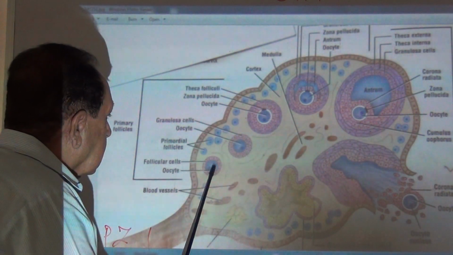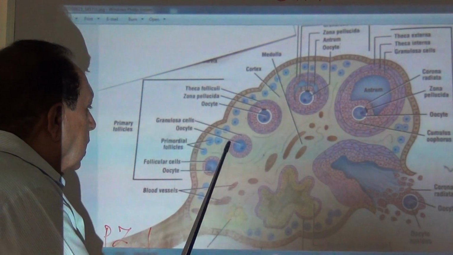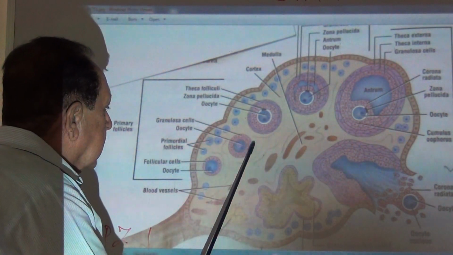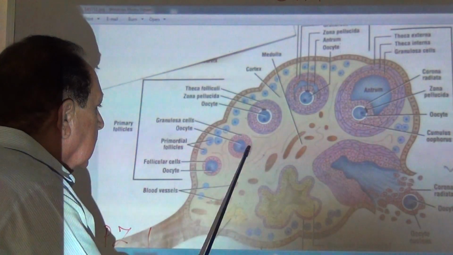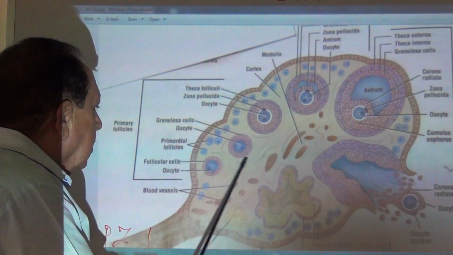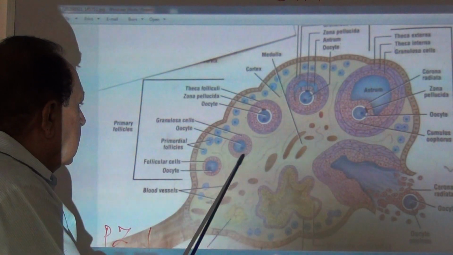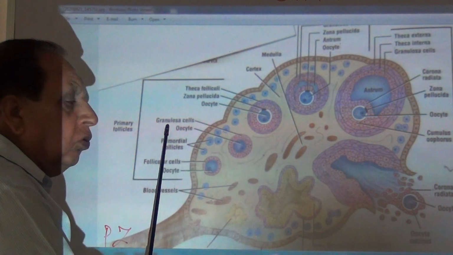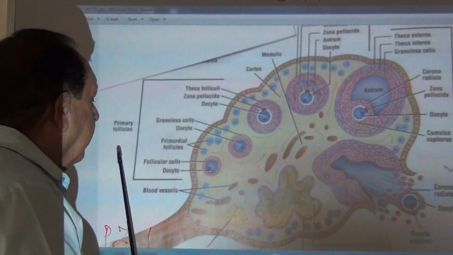Then proliferation occurs. The number of these cuboidal cells increases, and the layers become more, 2 to 3 layers. These cells are called the granulosa cells.